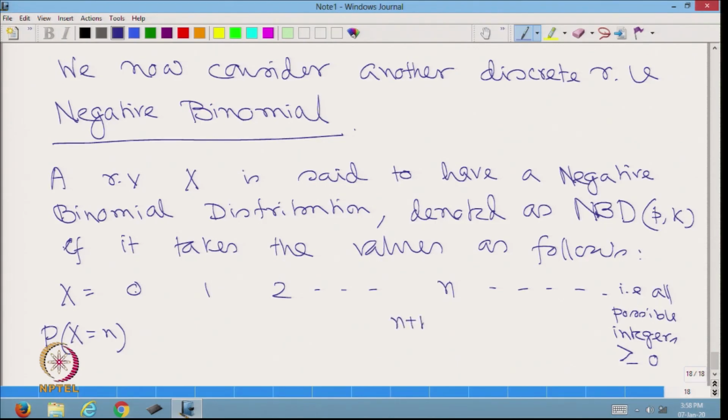n plus k minus 1 c k minus 1 p to the power k q to the power n.